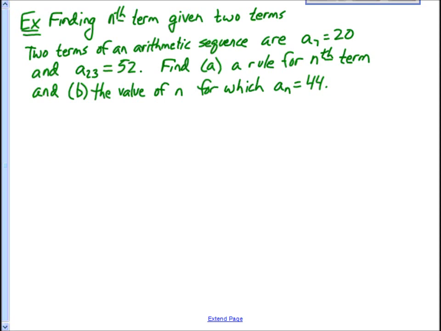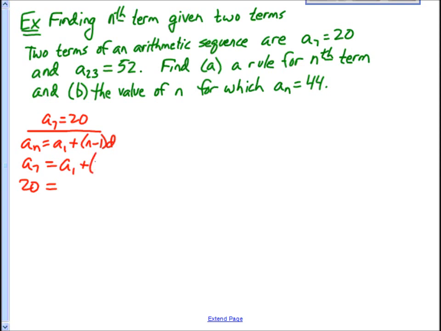So I'm going to write, first of all, I have this a subscript 7 is 20. Let me use the formula here, and let me plug in 20 for my a subscript 7. So my 7th term, I know my 7th term is 20, so 7 is my n.